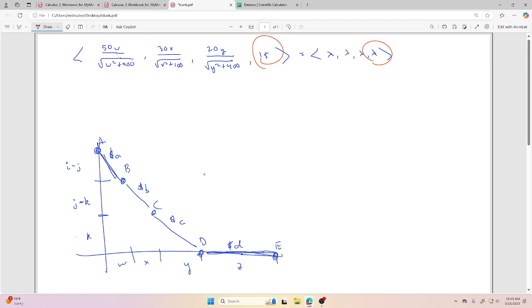Basically I know that lambda's 15 for sure, like 100%. And so for the others, I could just say this equals 15, this equals 15, this equals 15, right?